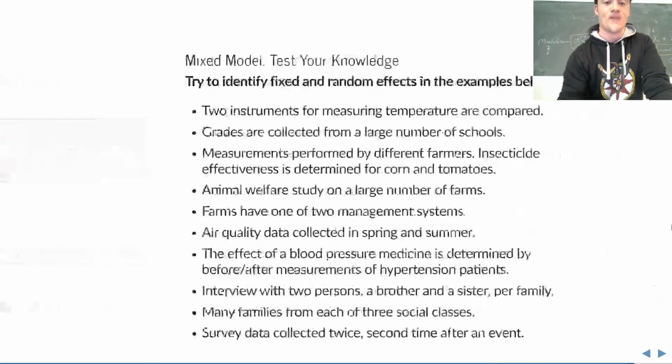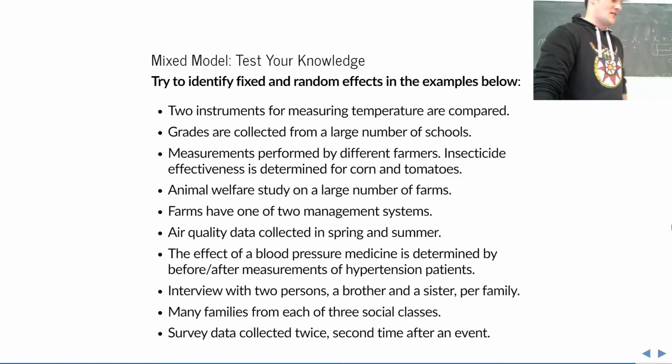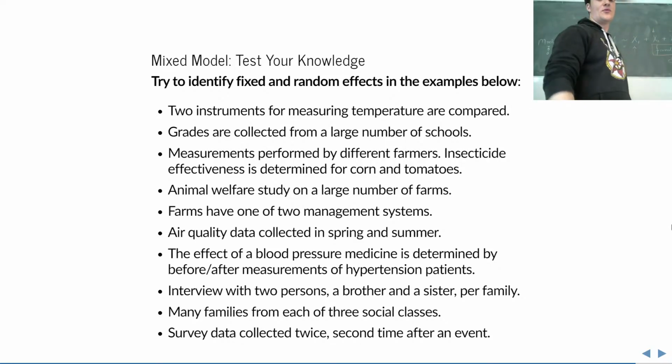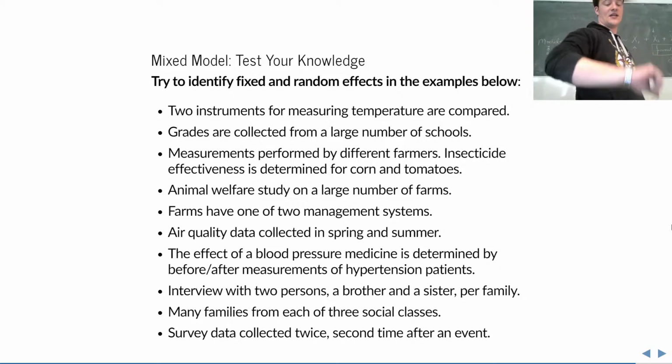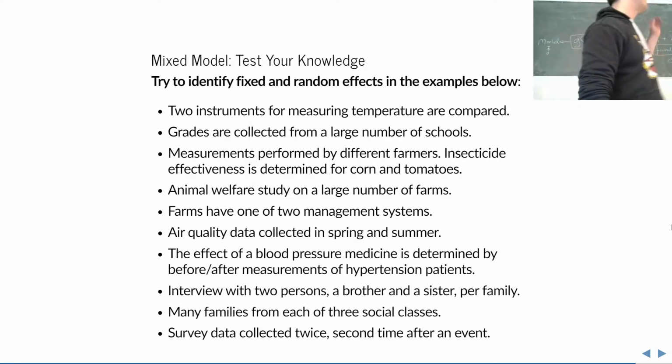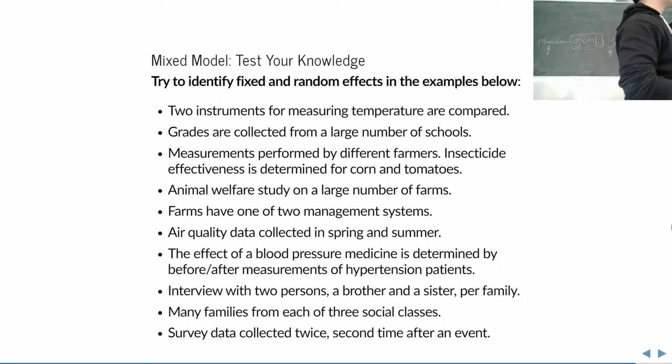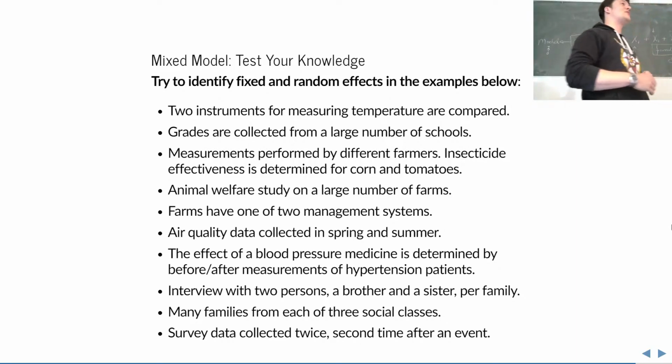Okay. Yeah, this is a self-test. We can discuss this on Monday. I will also post this on Brightspace. I think I already posted the Word version of this lecture, but I'll check. These are some examples, and you have to identify what the fixed and random effects in this study could be. Of course, these are very short sentences, so I didn't explain the complete study.